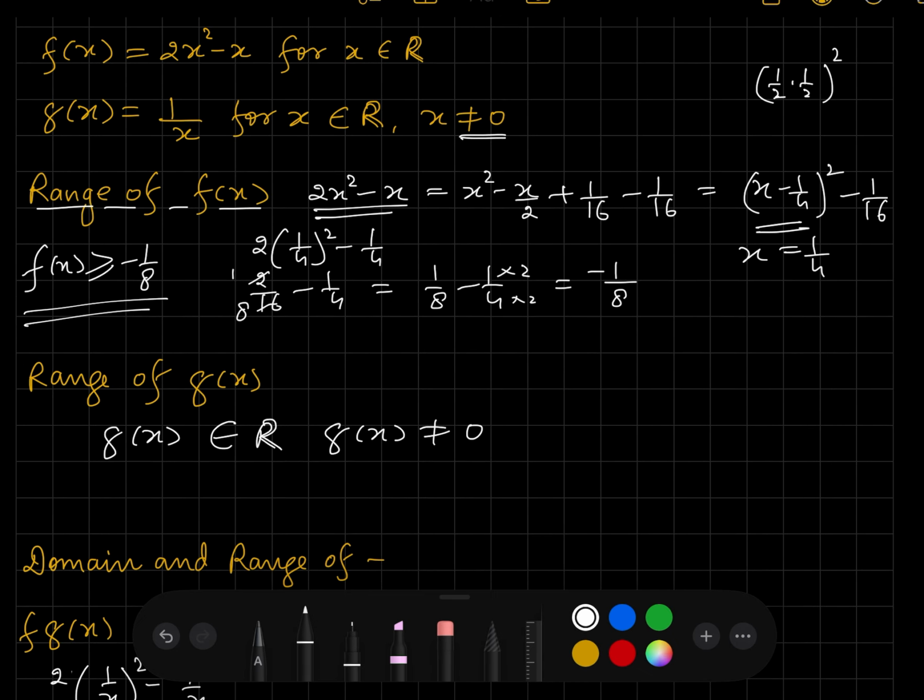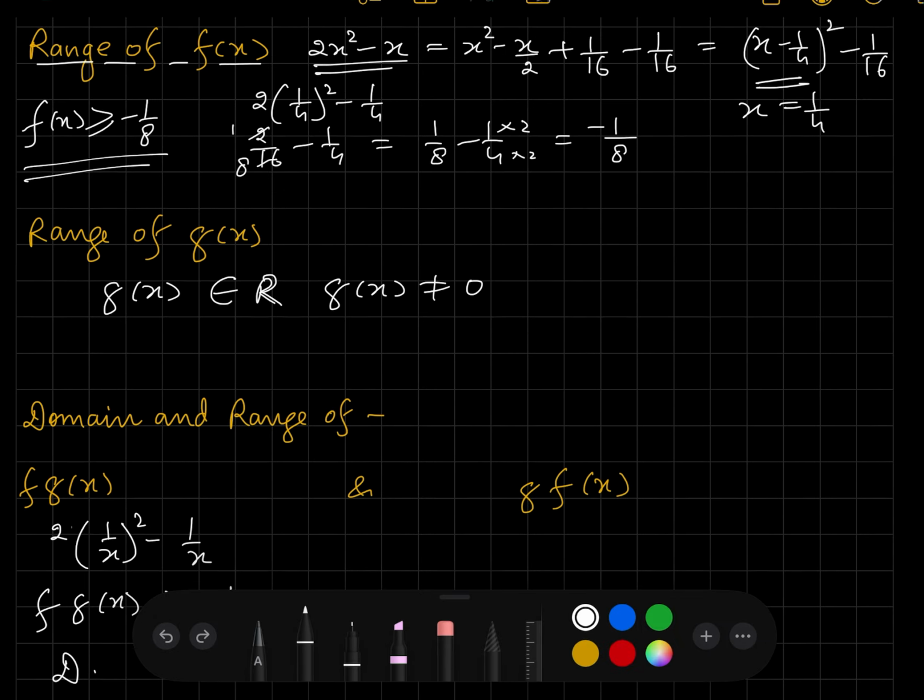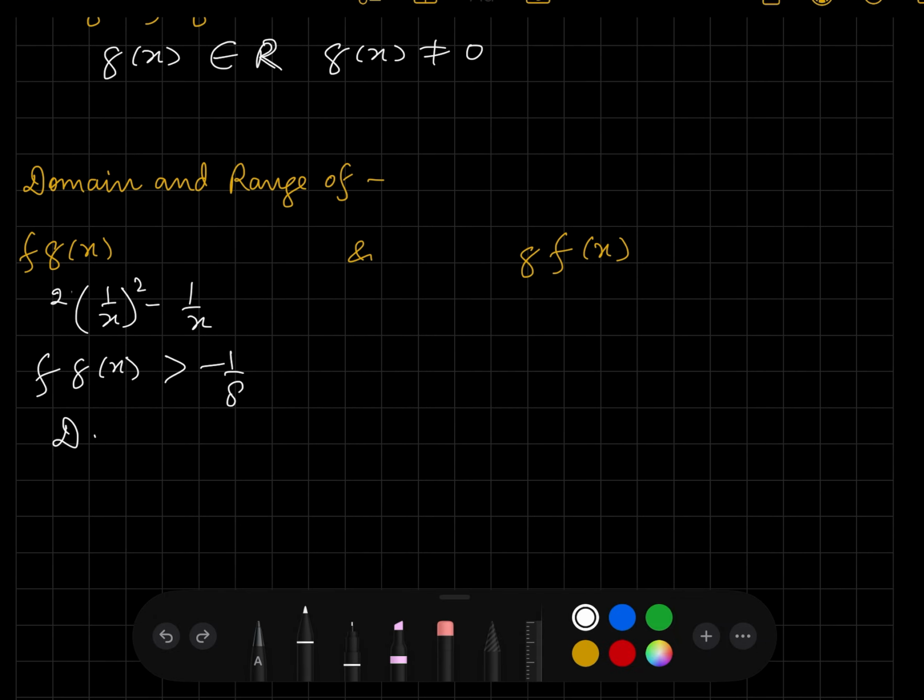For f(x), the domain is all real numbers, and for g(x) it is all real values but not equal to 0. It means the domain of f of g(x) would be all real values, but x is not equal to 0. That would be the domain of our f of g(x).